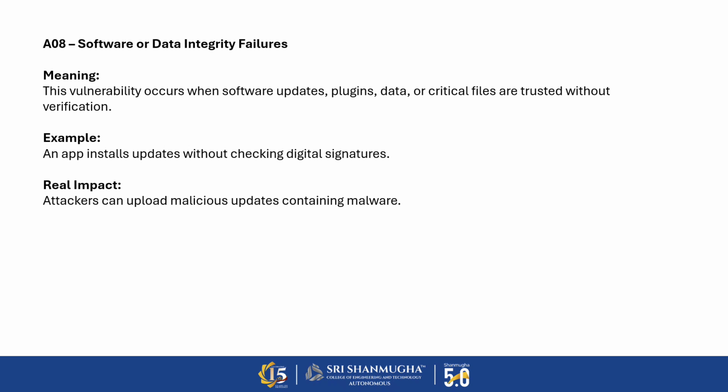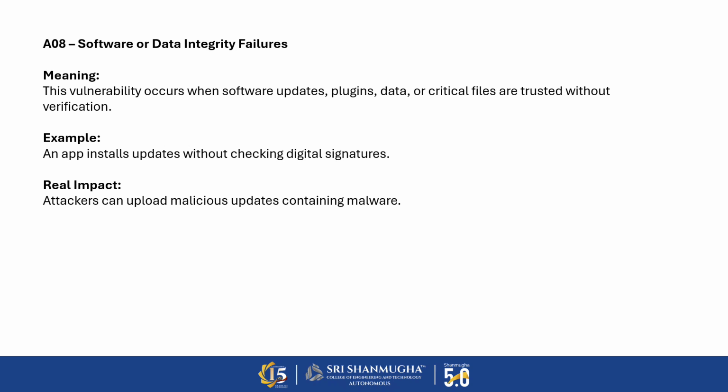Next one is a software and data integrity failure. This vulnerability occurs when software updates, plugins, data, or critical files are trusted without verification, which means we trust everything without validation or verification. For example, an app is installed or updated without checking the digital signatures. A simple example is third-party software updates.